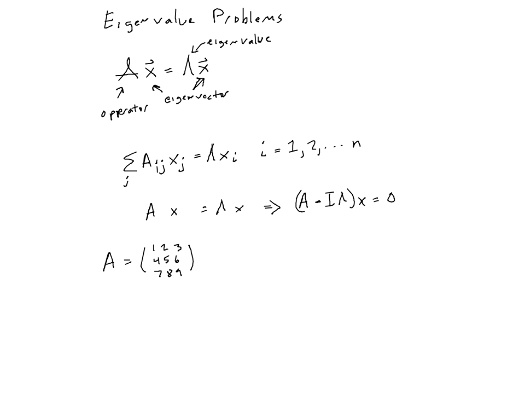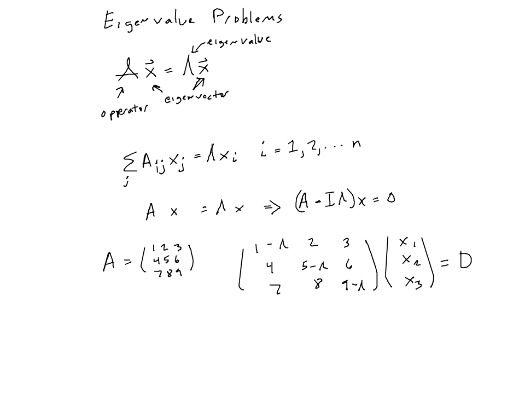Now, if A is given by this 3 by 3 matrix, then A minus I lambda is just going to be 1 minus lambda, 2, 3, 4, 5 minus lambda, 6, 7, 8, 9 minus lambda. And if you multiply it by x1, x2, x3 for the components of the column vector, the result is 0.